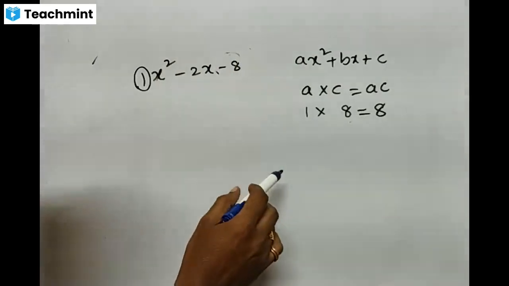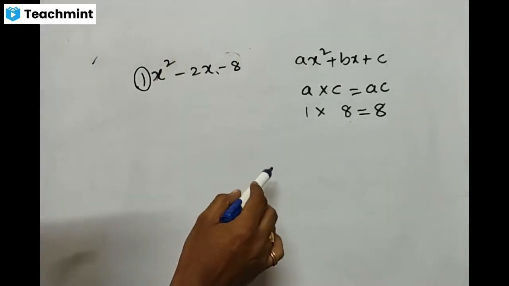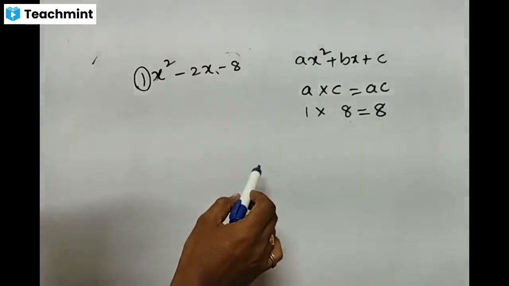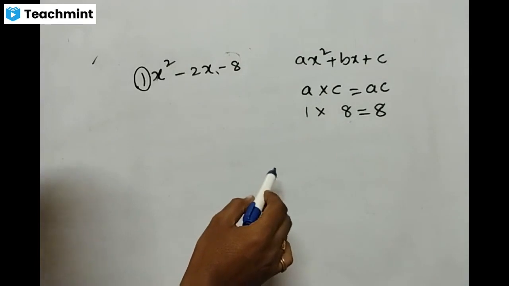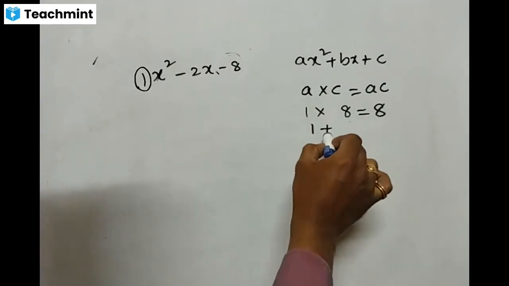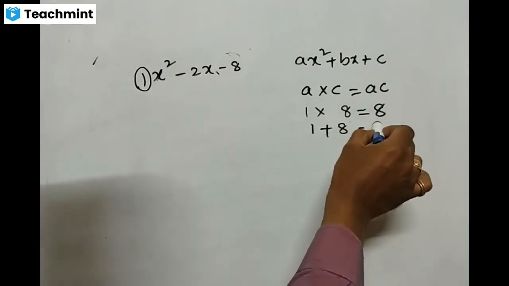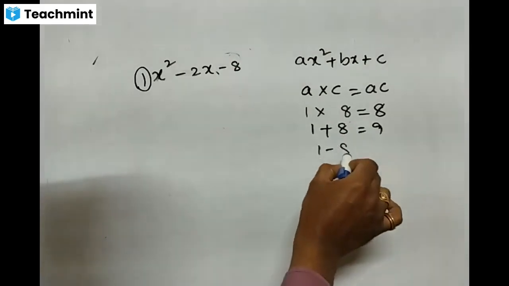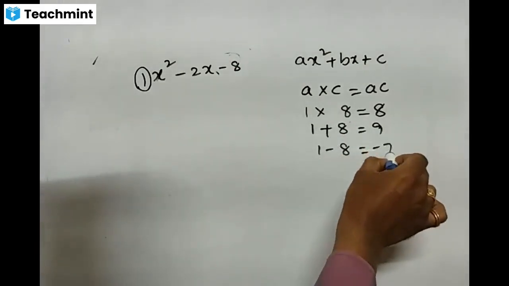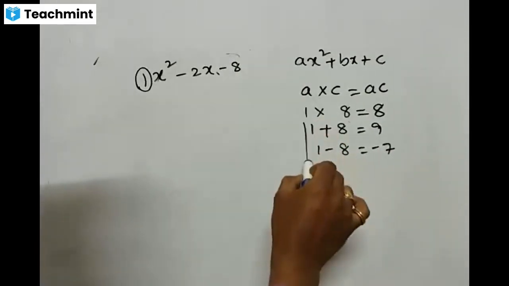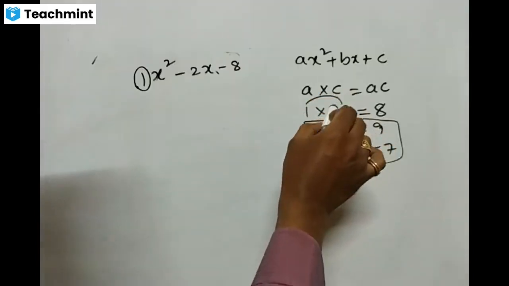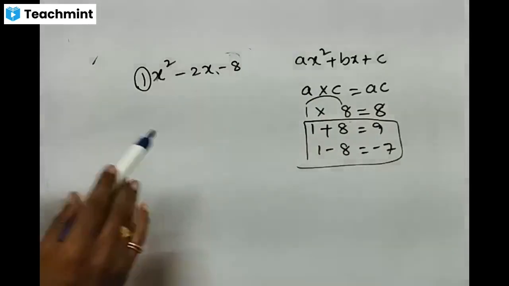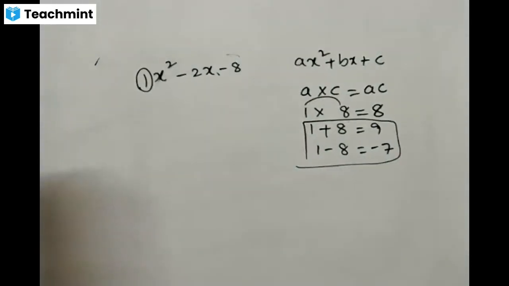The addition 1 plus 8 is nothing but 9. 1 minus 8 is nothing but minus 7. But we need 2. The addition or subtraction of these two should give 2, but it is not giving.